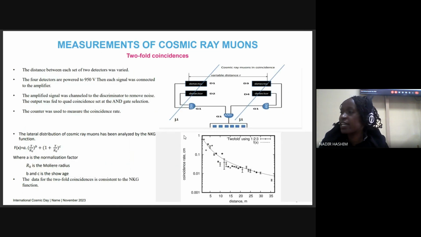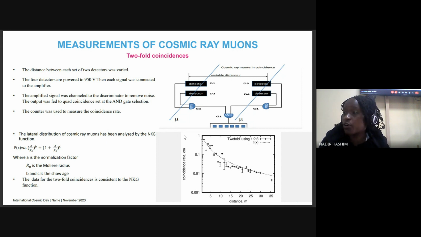So what have I done? Particularly, I have done measurement of cosmic ray muons using twofold coincidences. You might think, why do we use coincidences for the measurements of cosmic ray muons? The purpose of use of coincidences is, if you measure muons just using a detector, you are likely to get all the particles from the atmosphere.